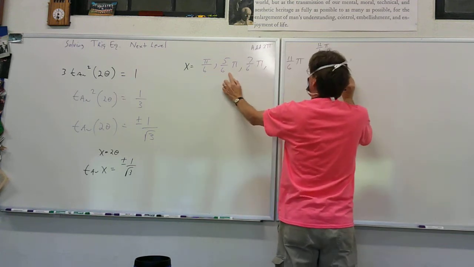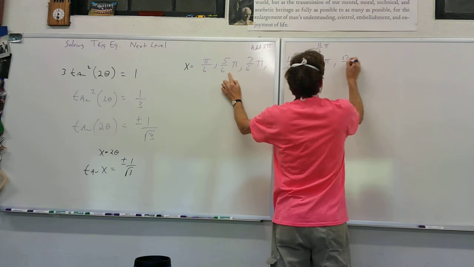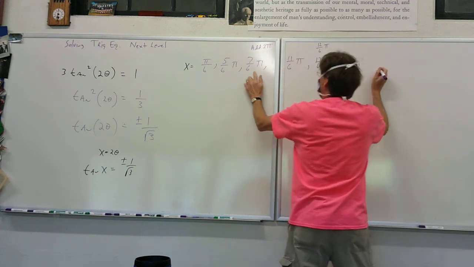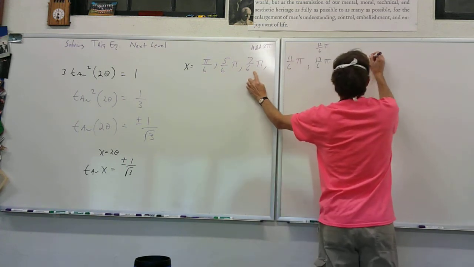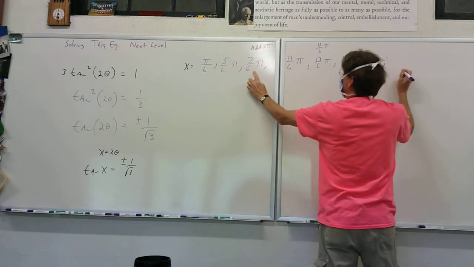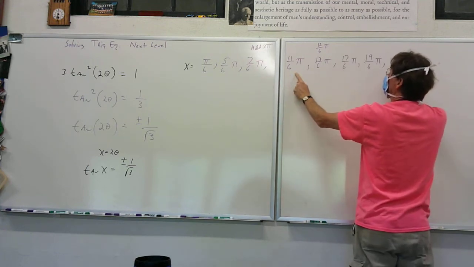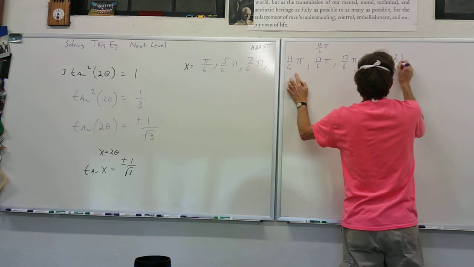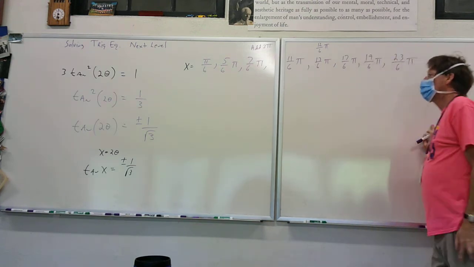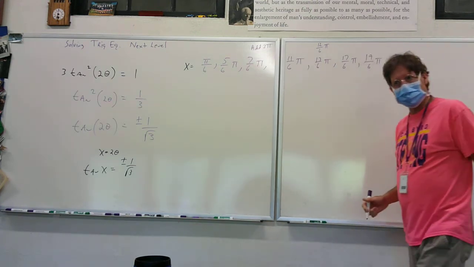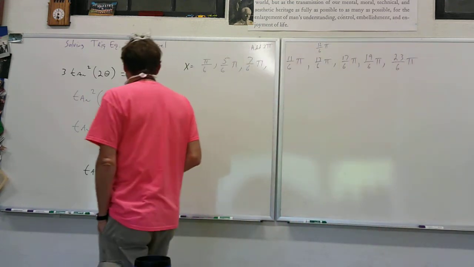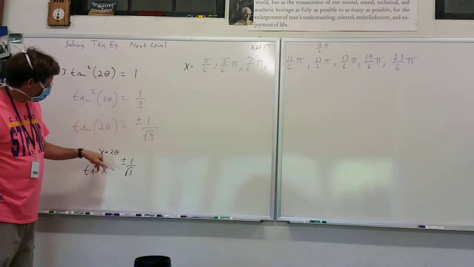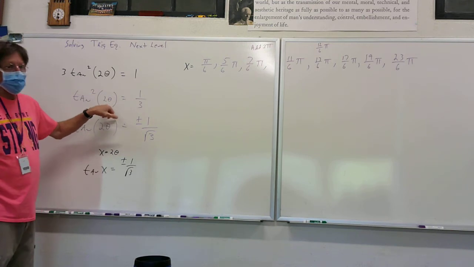That's going to be 17/6 pi. Add it there, it's 19/6 pi. And add it right there, that's 23/6 pi. And the good news is, you can now find out what theta equals, because if that's what x equals, you really want to know what theta equals, right?